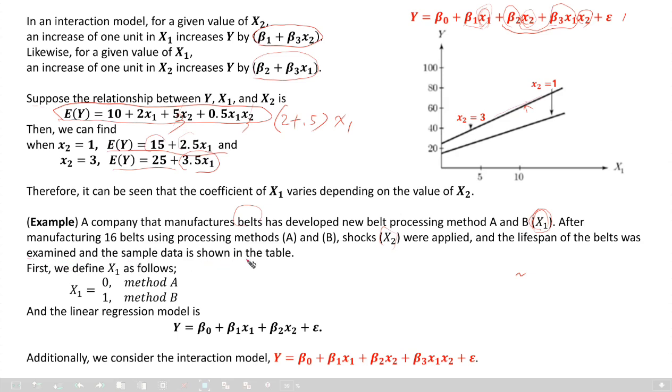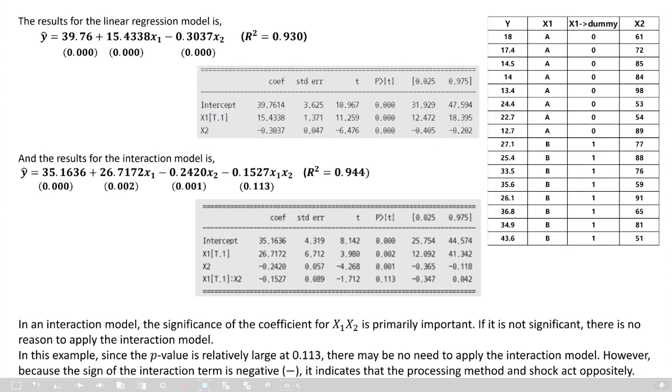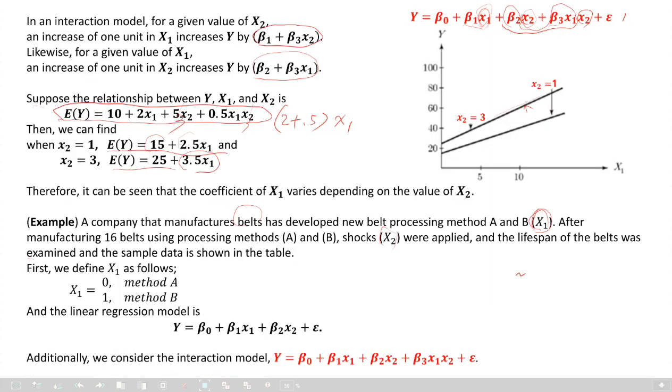The sample data is shown in the table. When it is method A, x1 takes 0, and when it is method B, x1 takes 1.